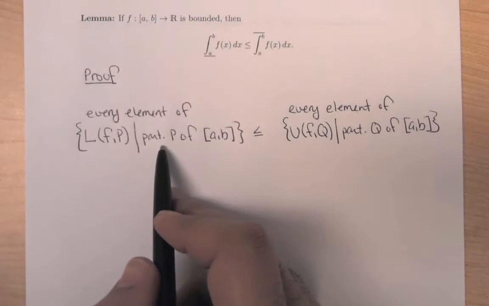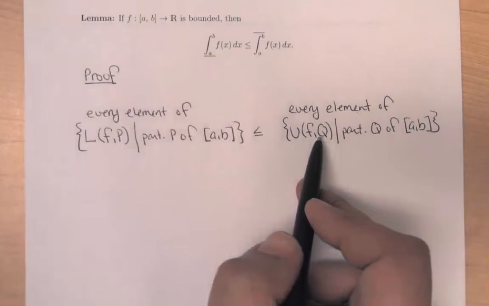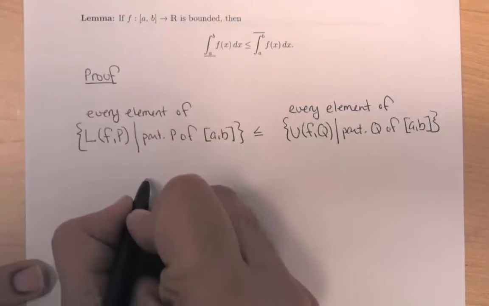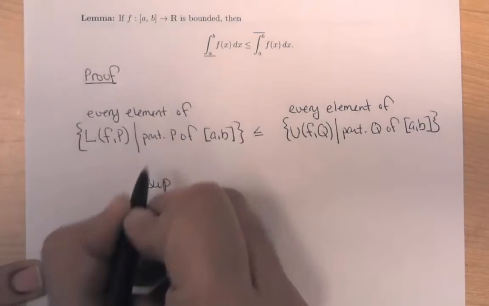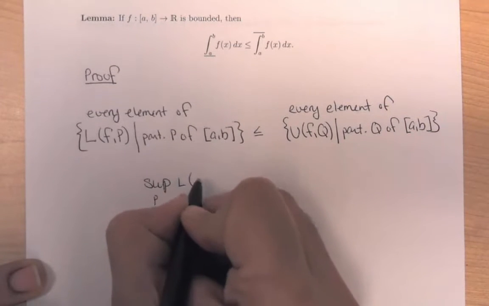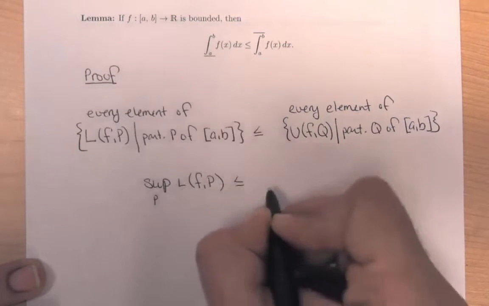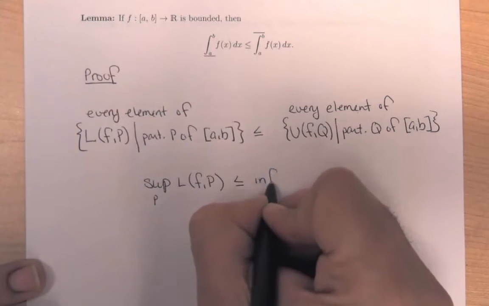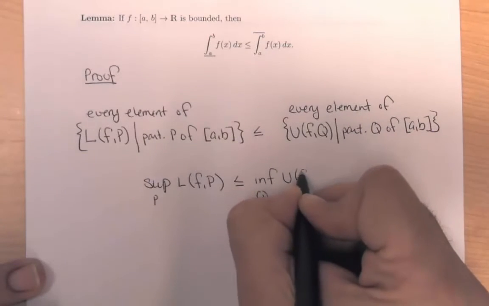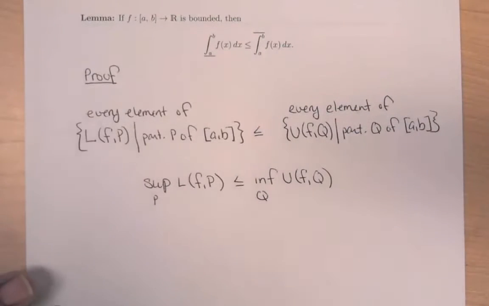Well, if every element of this set is less than or equal to every element of this set, then the supremum of this set, which I'll use my shorthand for, is less than or equal to the infimum over every partition of this.